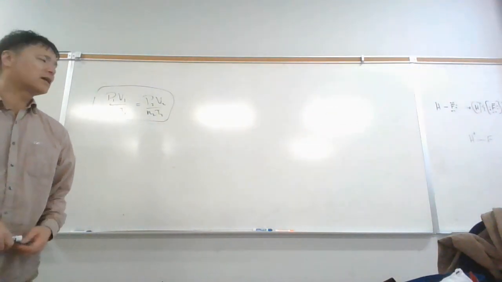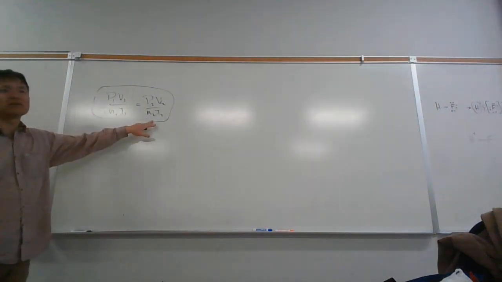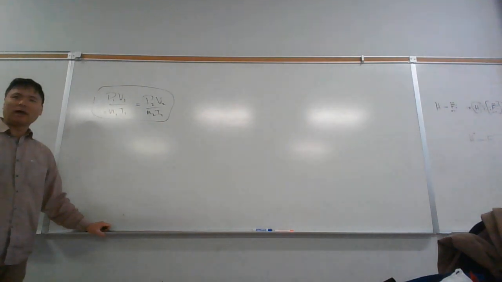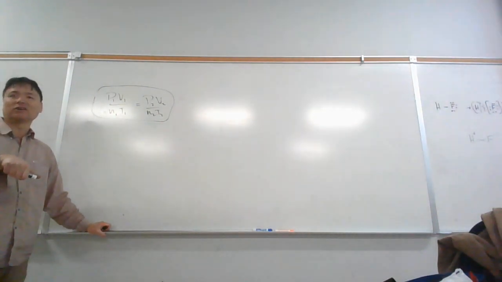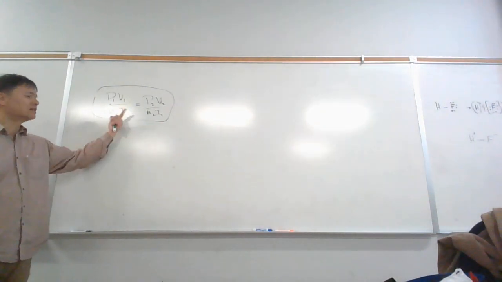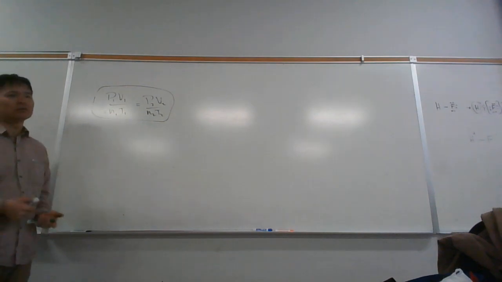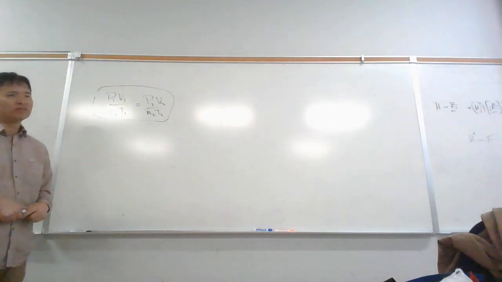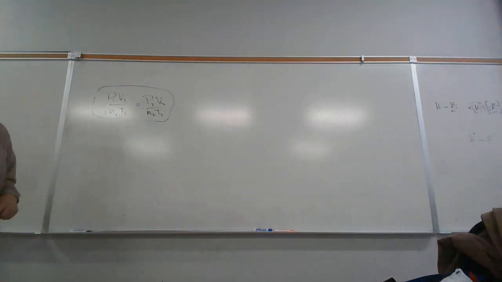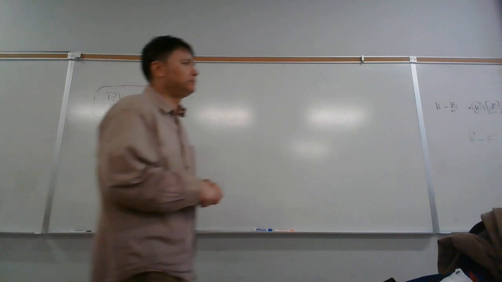If some gas leaks out of the container, then the number of moles changes. Or sometimes you force more gas into the container. And so if you force more gas, then the number of moles changes. That's going to change the pressure or the volume or whatever. And so that's one of the differences here.